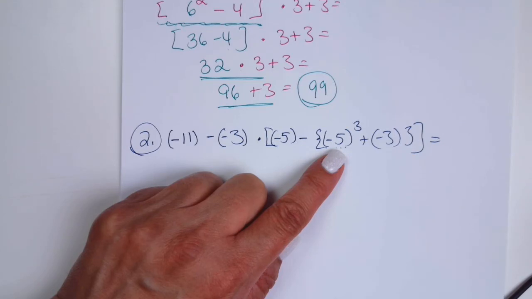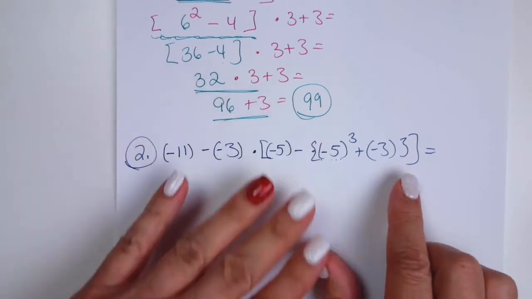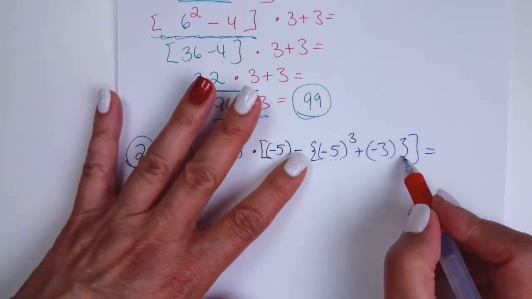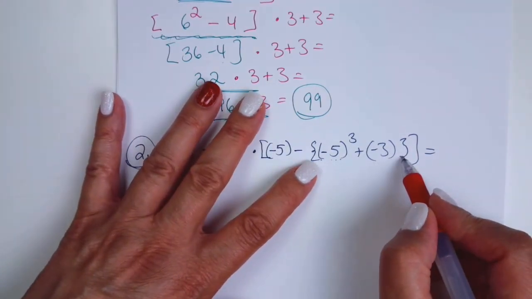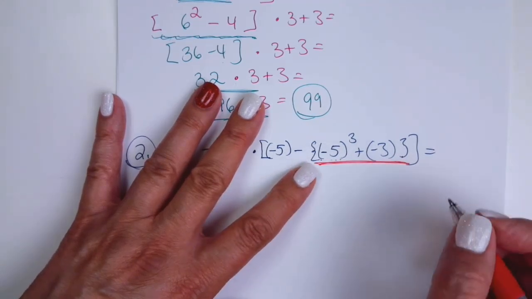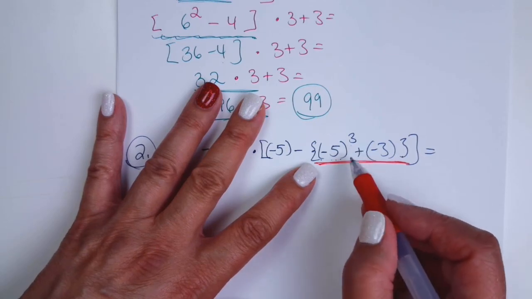Now, before I explain that, we're going to start with the braces, which are the innermost grouping here. If we look inside, we need to do that exponent first.